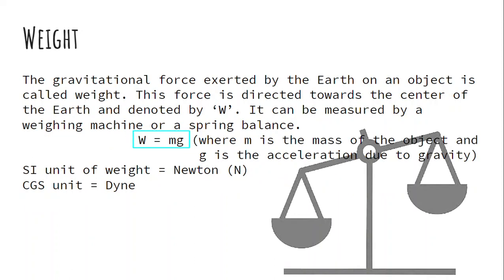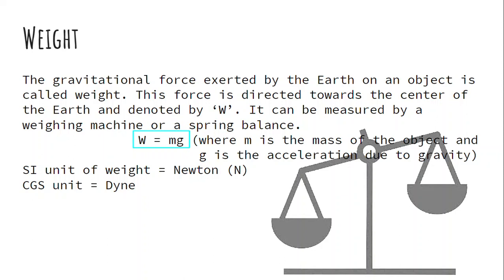Now, weight. The gravitational force exerted by Earth on an object is called weight, and this force is directed towards the center of the Earth and denoted by W. It is measured by a weighing machine or spring balance.